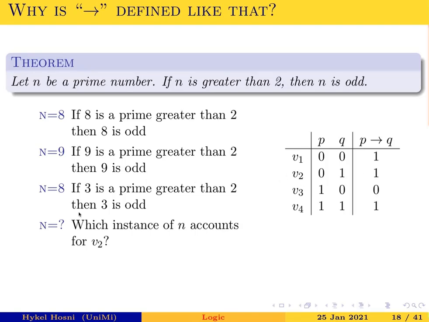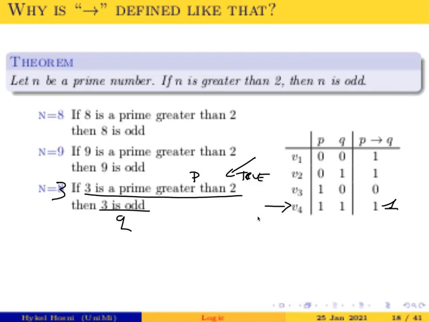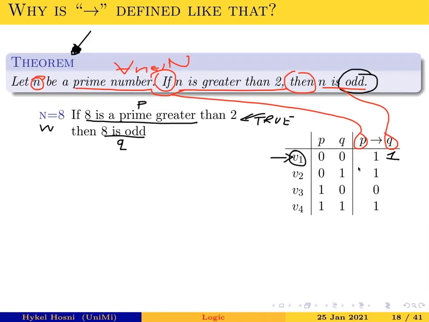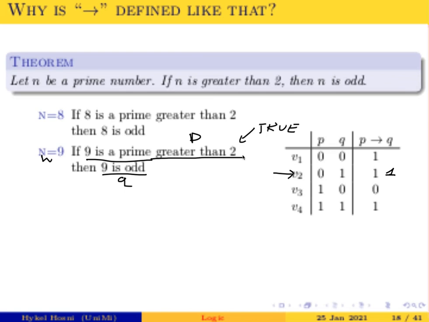Okay, so there is this one remaining case. So which substitution do I have to make in order to get V3? I have given you an example of V1. V1 is false antecedent and false consequent. So 8 is neither prime nor odd, so it does the job.